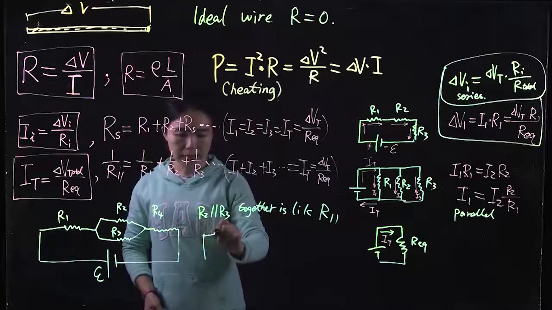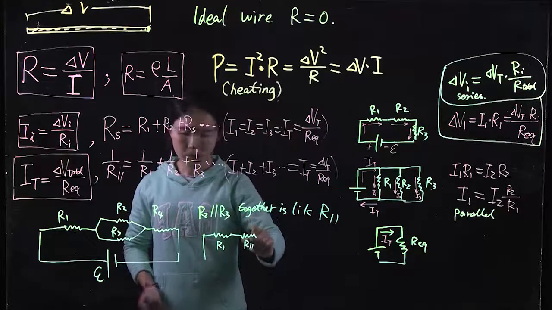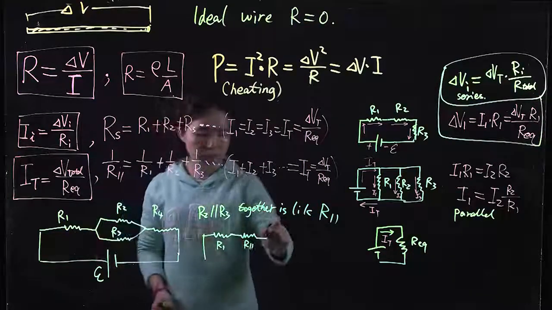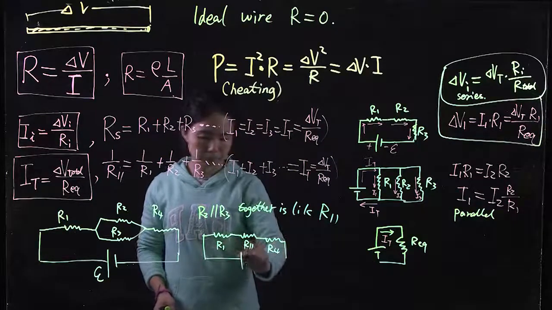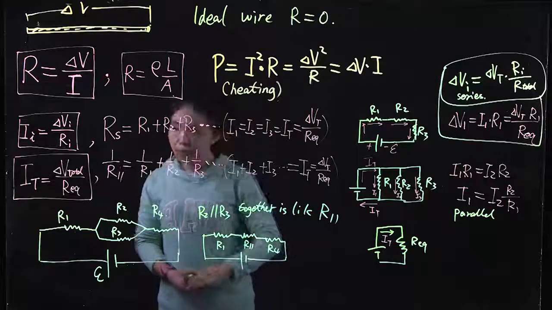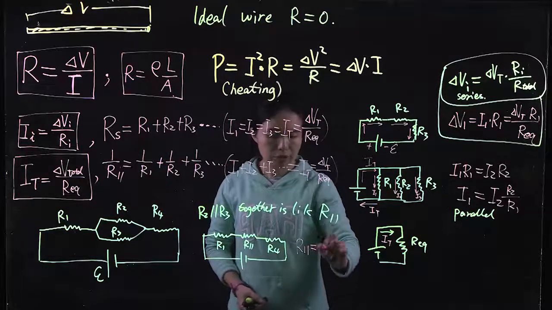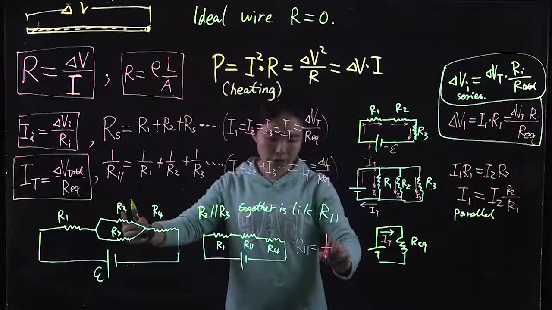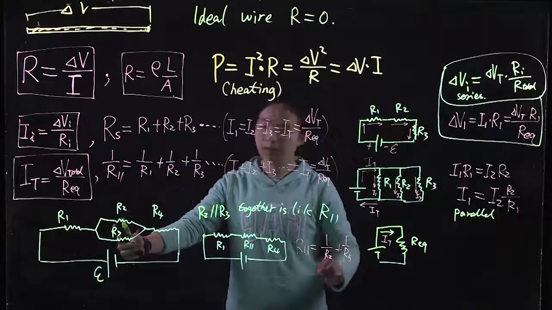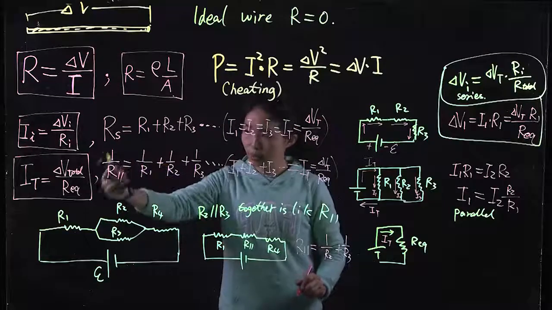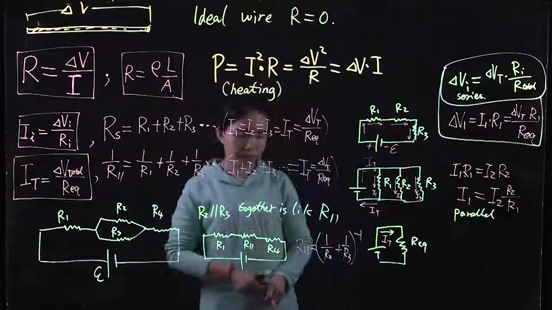So this circuit can be simplified as R1 and R parallel, which represents this part, and then in series with R4. Using this equation, we know that R parallel is 1 over R2 plus 1 over R3. Not yet, that's 1 over that. We need to reverse that to get R parallel.